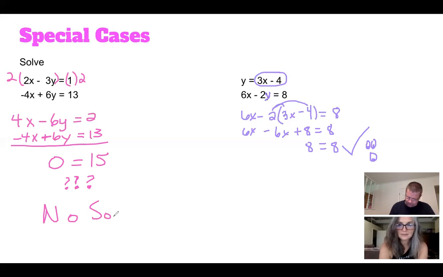What did we say it was when we got the number equals itself? Same line. So every number will work. There's a special word we called it, an identity. But if you said same line or infinite solutions, you're all good.